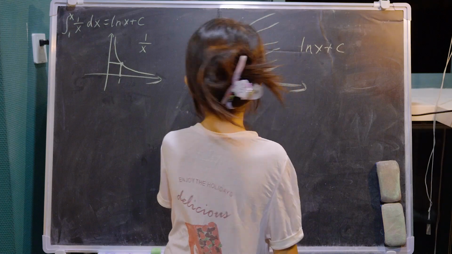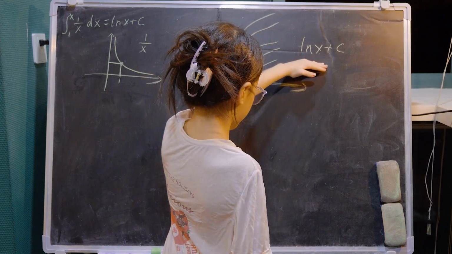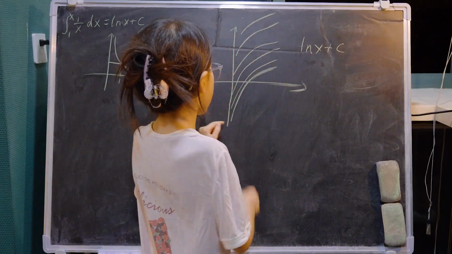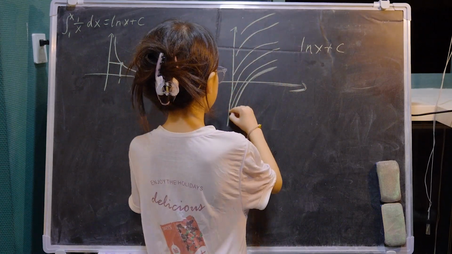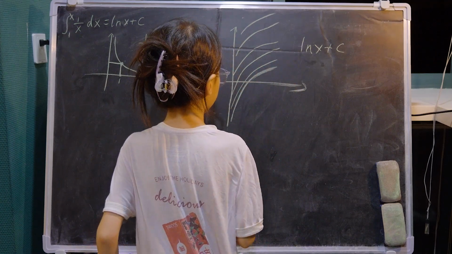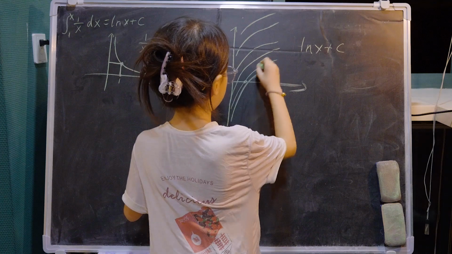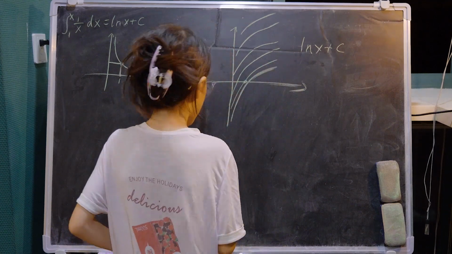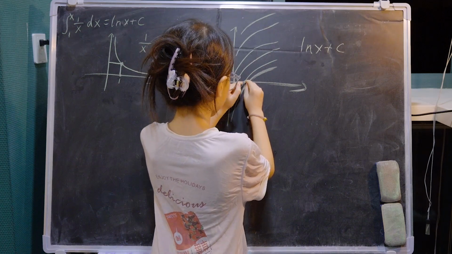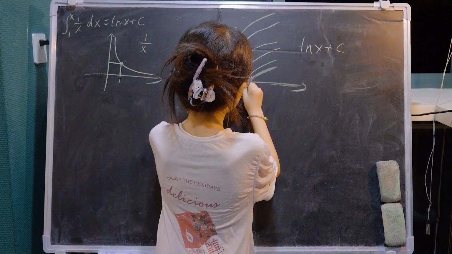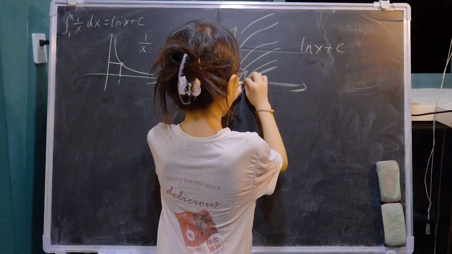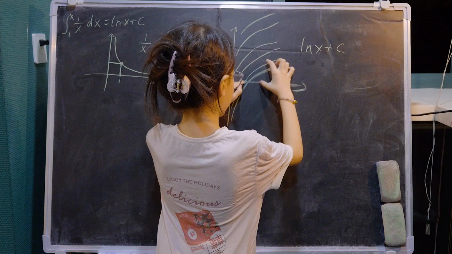So what about the antiderivative function? We can get the ln x function. You see, this is 1, and this is our ln function. Now let's move from the point 1. When x moves right, what about the y value changing?